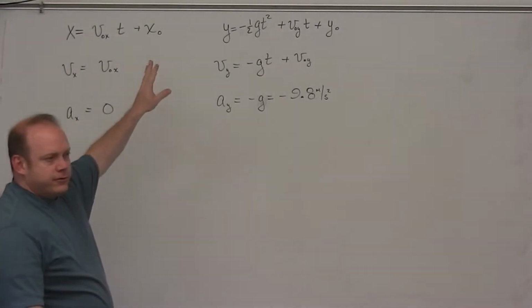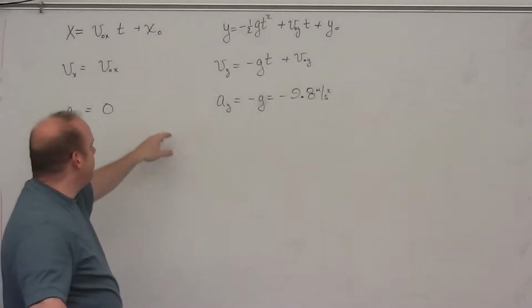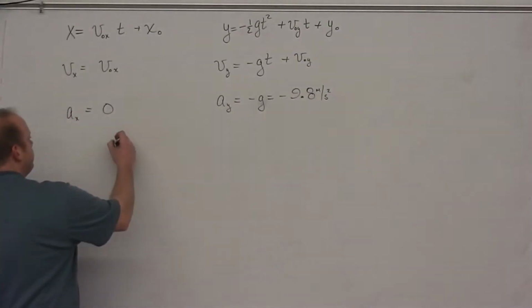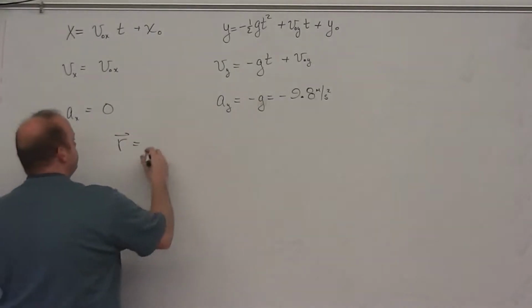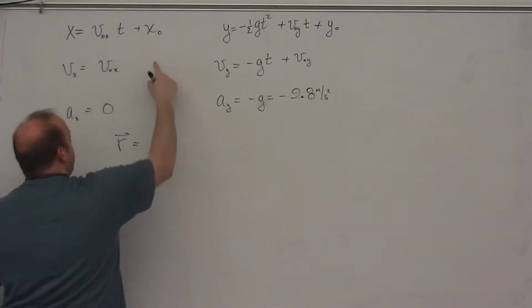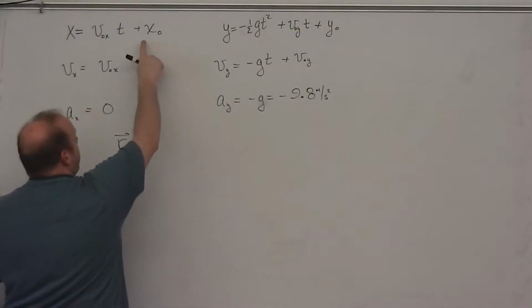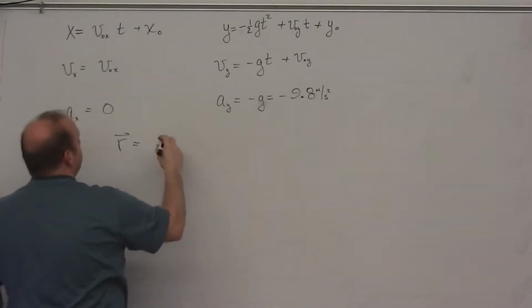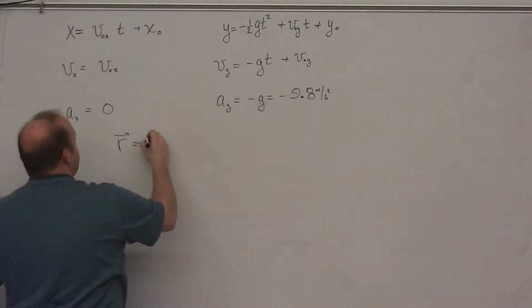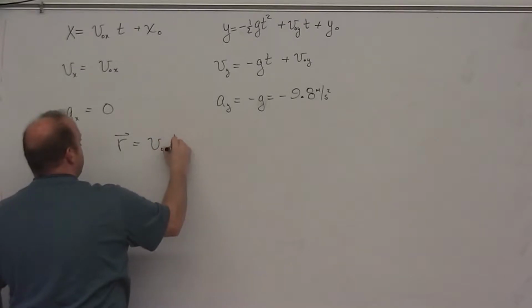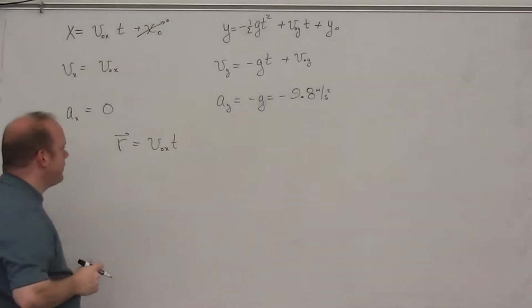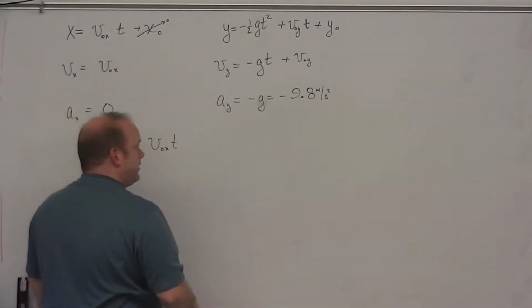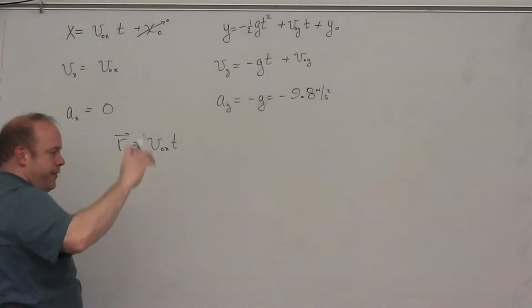But now, we can rewrite this with some of the things that we know. We can say that my position vector is going to equal, in the x direction, and assuming that x0 is 0, because we pretty much always do that, v0x times t, so I can almost always set that to v0. y0 is not as easy to set to 0, because it can land at a different height.